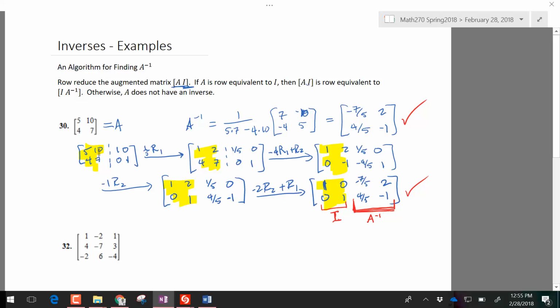So the A matrix is row equivalent to 1, 2, 4, 7, which is row equivalent to 1, 0, 0, 1. I don't know if there's any quick way to look at it and say it's row equivalent unless we go through the steps. But we'll also see the whole idea that if it is row equivalent, then we can find the inverse. Nate?